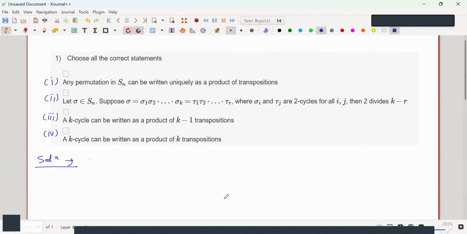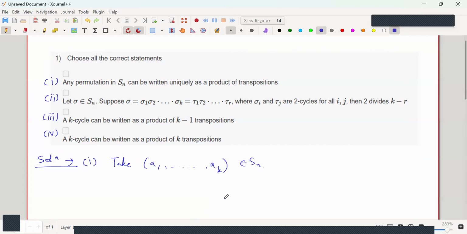So consider some permutation A1, A2, A3 up to AK, where K is less than or equal to N. So, permutation or a cycle? Cycle. Okay.